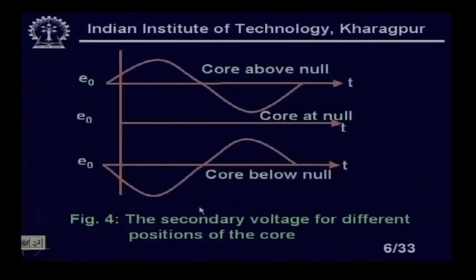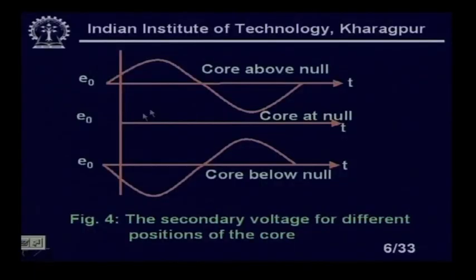Now, this is the output voltage we have drawn with respect to time, for the different positions of the core. Since these two secondaries are in opposition, at the null position, theoretically, the output should be exactly 0.